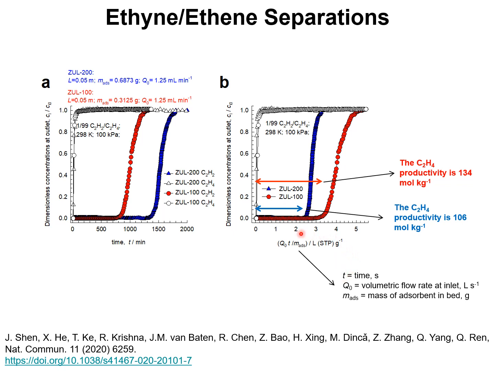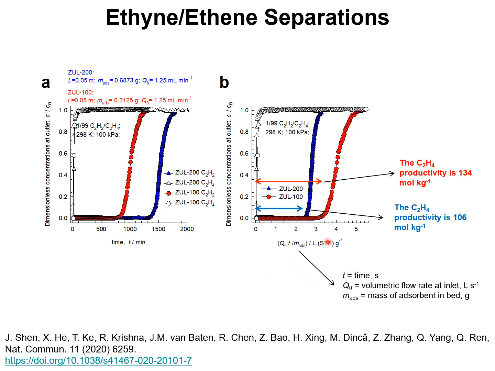This is a kind of corrected or modified time parameter that takes account in a proper manner of differences in flow rates and masses of adsorbents used in the experiments with the different MOFs.